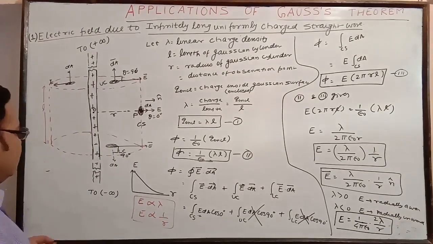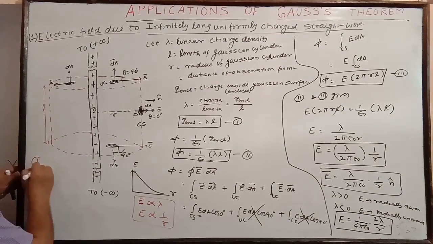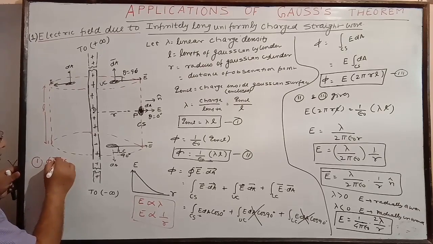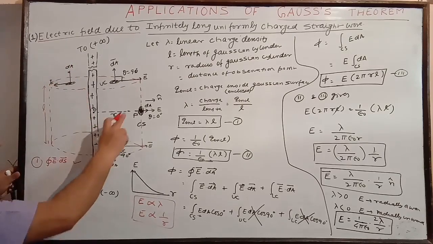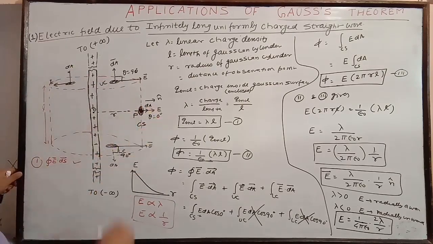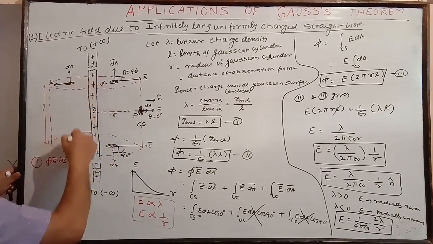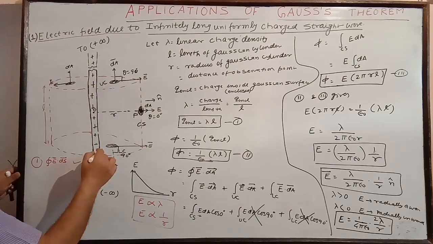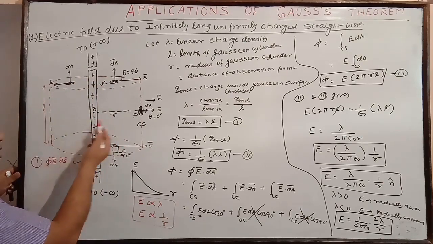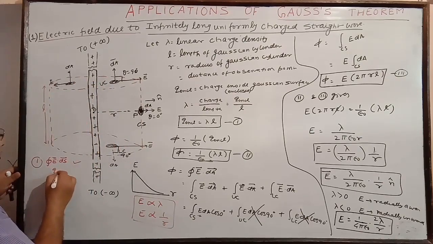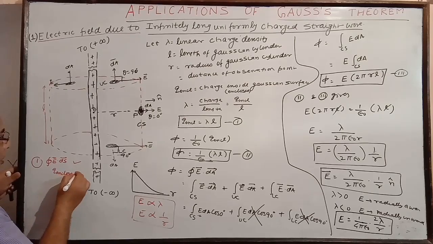Here, what we had considered in Gauss's law is that the integral E dot ds, the electric field, is due to the whole length of the wire, and I had shown you that the horizontal components add up. Second, the charge we take is only the enclosed charge in the Gaussian surface. So Q enclosed we are taking, that is also done.